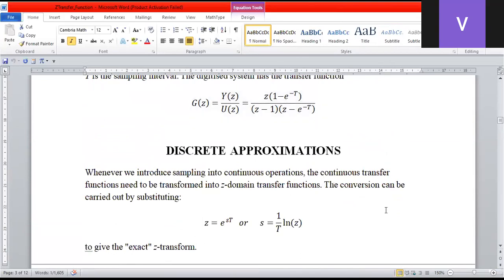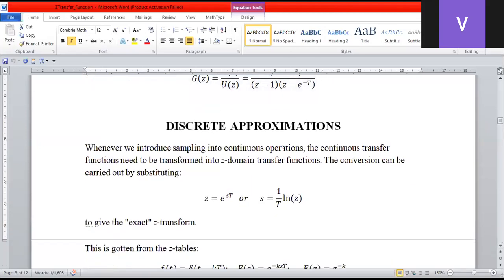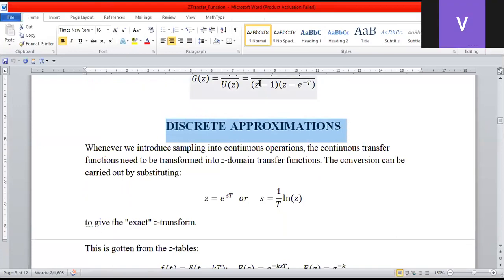I'll be explaining further about why you cannot use this first method when I finish this topic, discrete approximations. I'll be telling you when to use discrete approximations or when to use the method we've just used in the previous example. So I'll be telling you later.